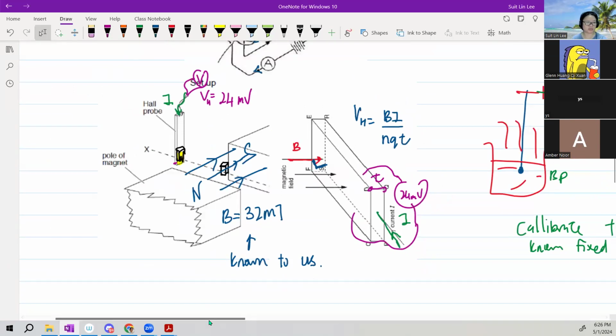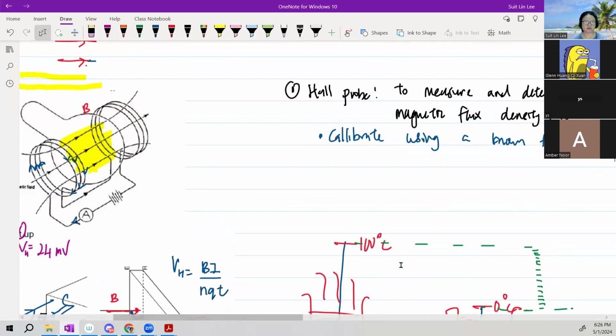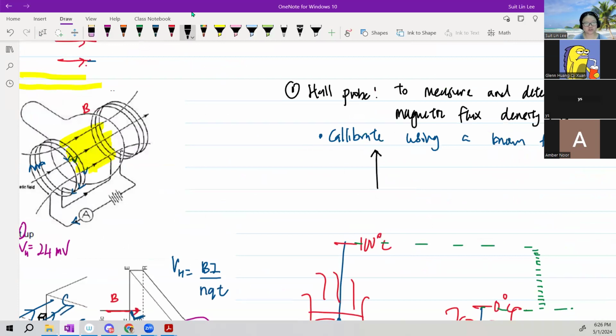So if I know this, I know when VH is 24 millivolt, B is 32 millitesla. This means when I calibrate using a known field, I can draw a graph of VH against B. And based on this equation, VH is BI over NQT.